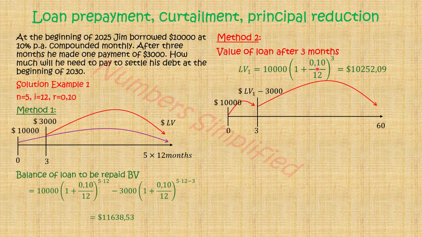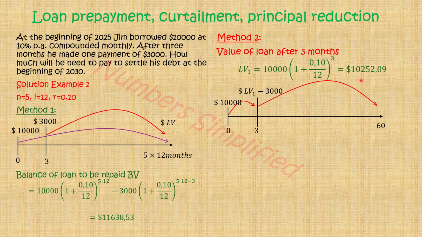So the 0.10 is the rate, and the 12 are the periods that we have in a year, and also the 3 would be the period in which it takes for the payment to come through. Yep, I think that is how I would put it.